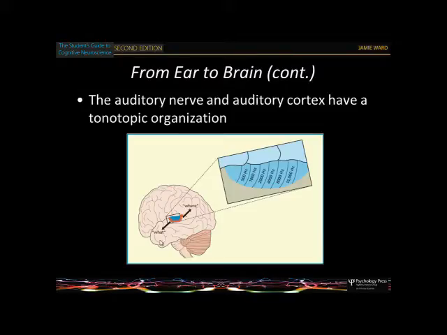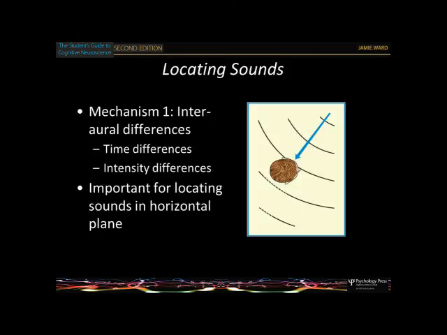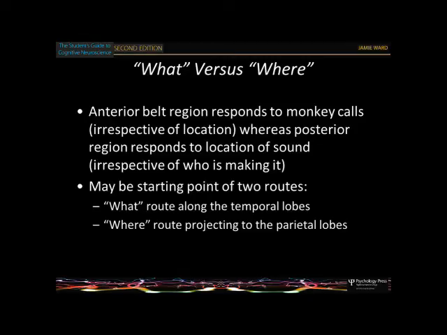Whereas in this region you've got the opposite: they care about what the sound is, but they respond to a large region of space. You've got this different kind of specialization happening relatively early on in the cortex. So the claim is that you've got two different routes.